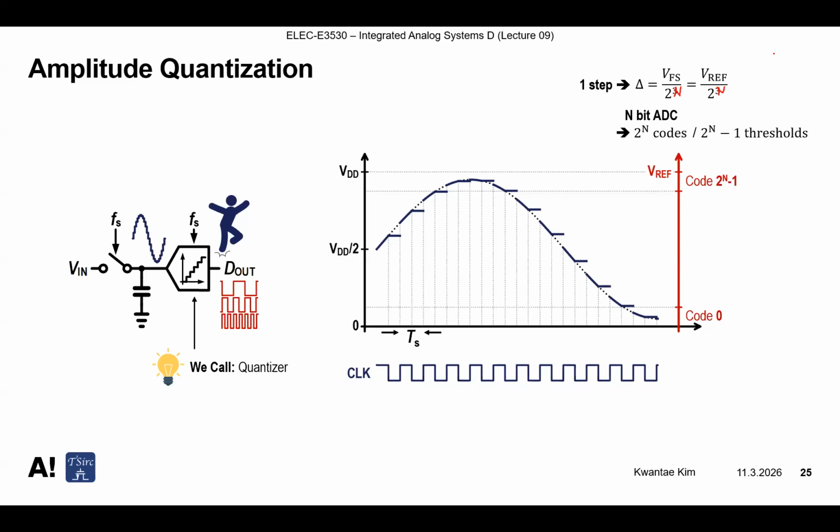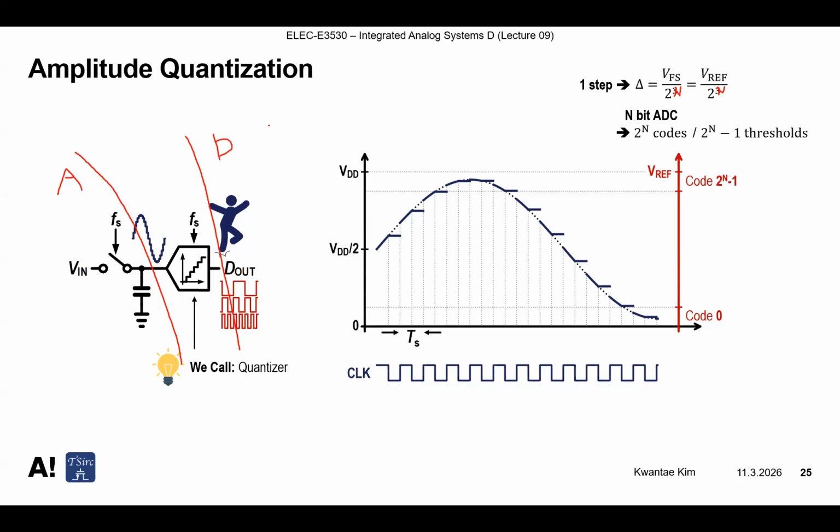And we call this part the quantizer. So as I explained, this part is still analog. And after the quantizer, this part becomes digital.